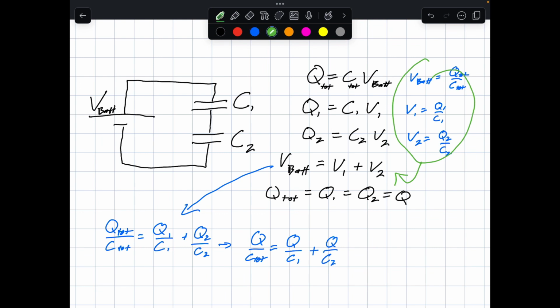Notice now all the Q's cancel out. I can divide everything by Q. And this becomes 1 over C total equals 1 over C1 plus 1 over C2.